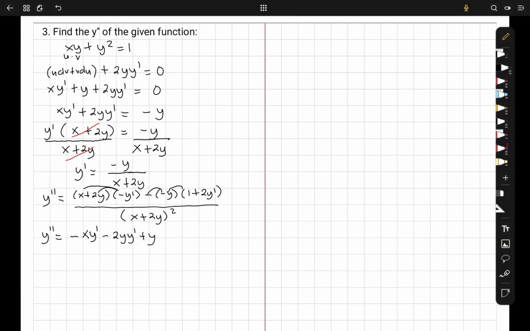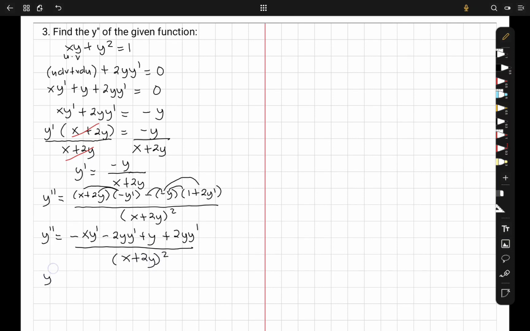Then, itong negative dito, magiging positive, tapos multiply, that is positive 2y y prime. All over natin sa ating x plus 2y raised to 2.